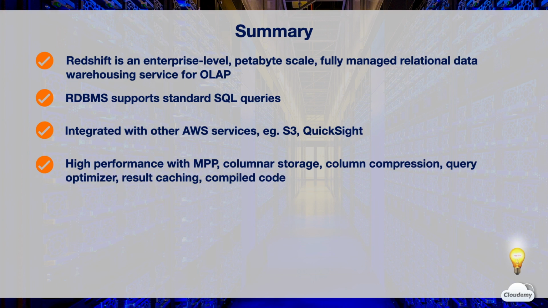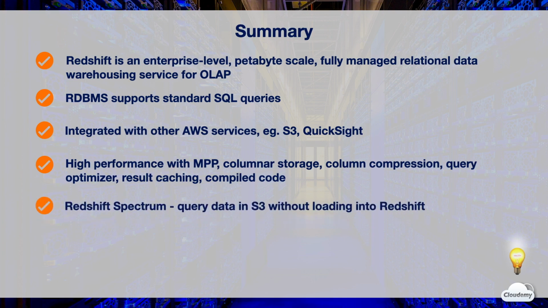Redshift caches the results of certain types of queries in memory on the leader node, to reduce query execution time and improve performance. Redshift compiles complex queries and distributes fully optimized compiled code across all of the nodes of a cluster, which eliminates the overhead associated with an interpreter and increases the execution speed. Redshift Spectrum is a feature of Redshift that enables you to run queries against exabytes of data in S3, without loading the data into Redshift tables.